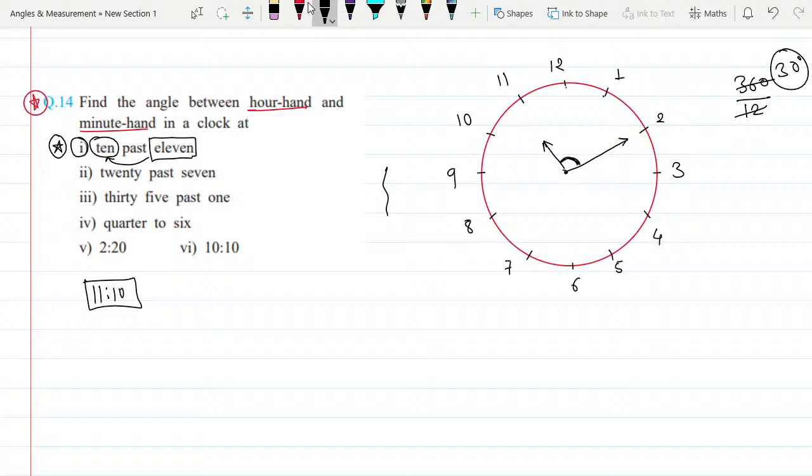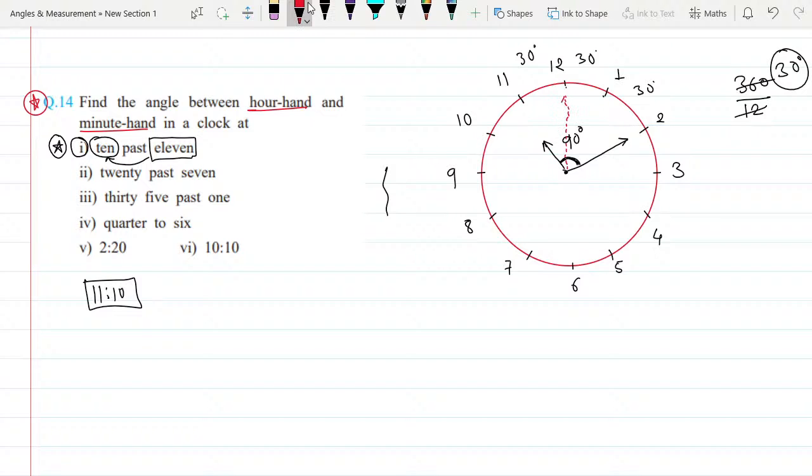I have told you that one is 30 degrees, this is 30 degrees, this is also 30 degrees, meaning I am observing a total of 90 degrees here. Yes or no, exactly 90 degrees.